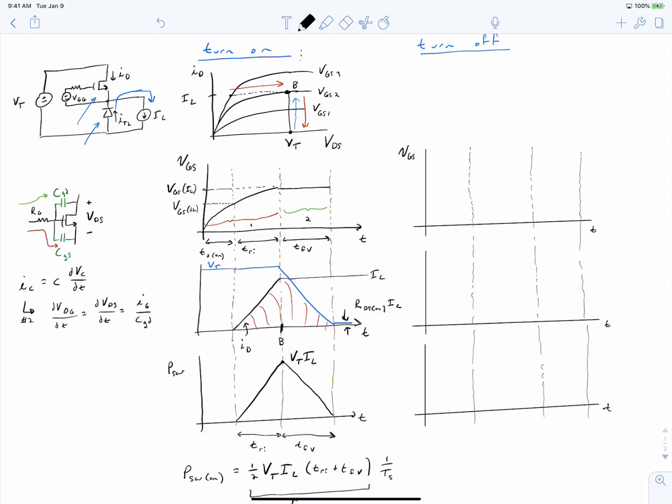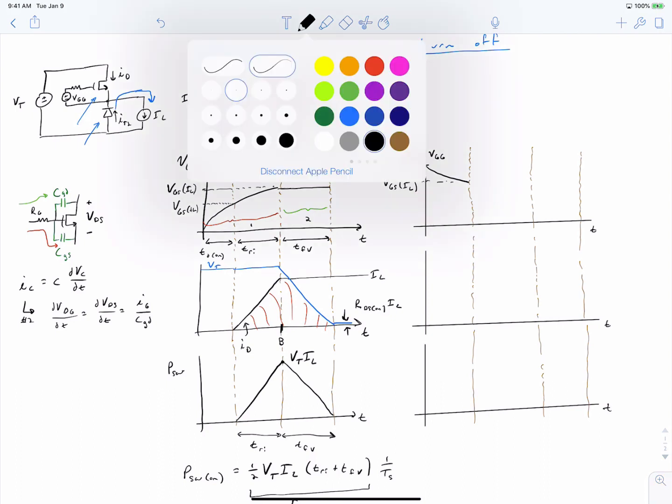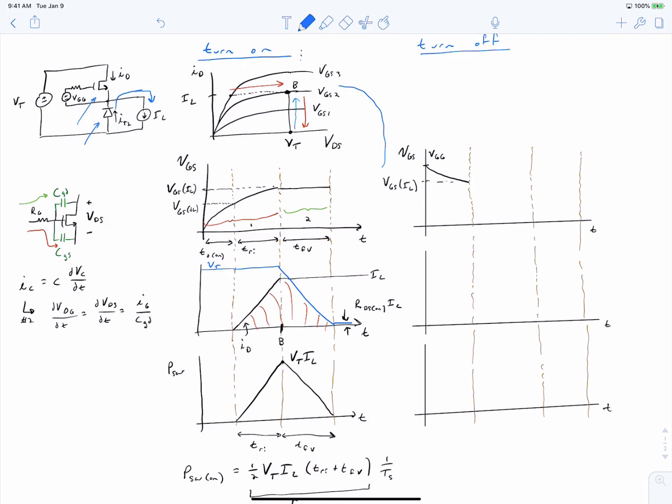Our gate source voltage at this point starts at the gate driver's VGG value. That's the DC value that the gate driver drives the gate up to when it's turned on. And it will then decay down to the gate source voltage required to maintain the load current. And that corresponds to point B on our IV characteristics.